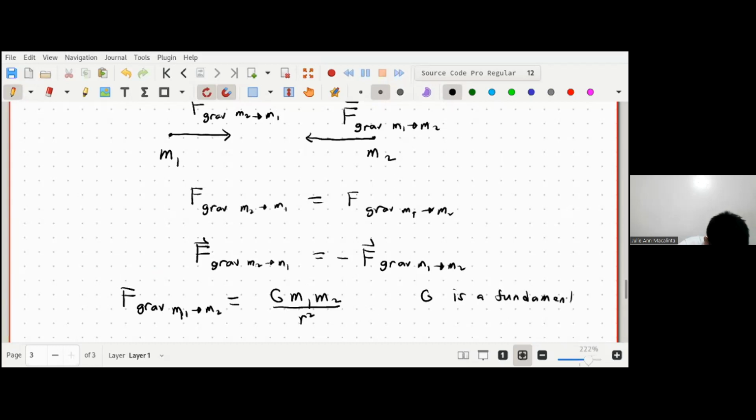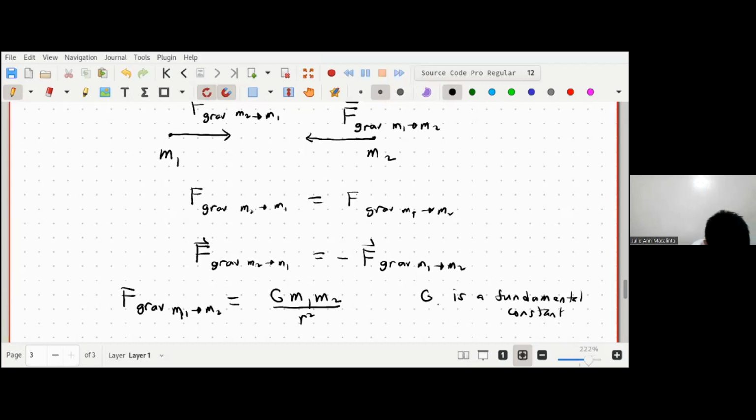Hindi ko kabisado kung ano yung value niyan, mga 6 point something. So, ano po yung big G? Yung gravitational constant. Hindi ko na po alam. Okay.